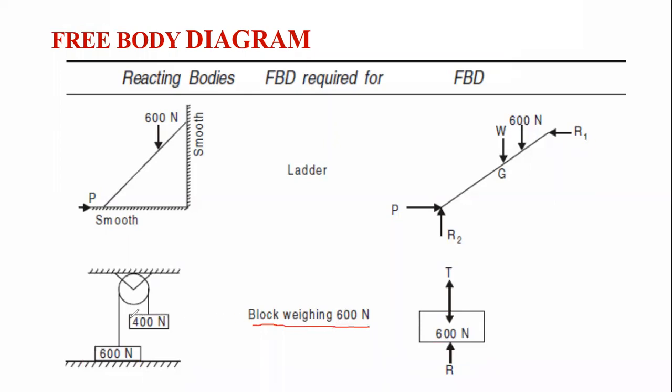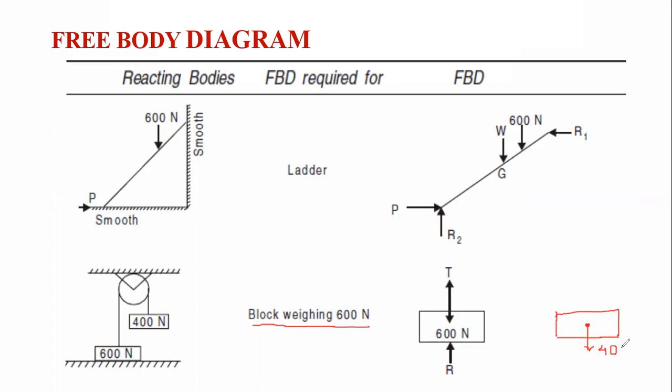Now if you want to draw the free body diagram of this 400 Newton weight, what will happen? Let us consider the weight passing through the CG of that particular block, that is 400 Newton.